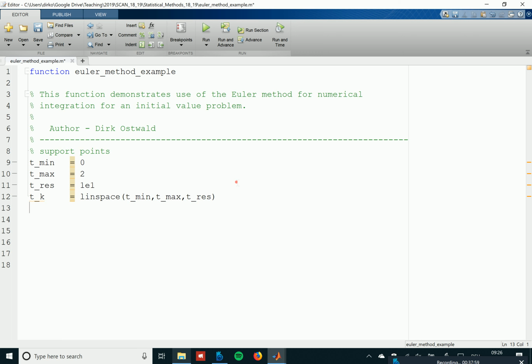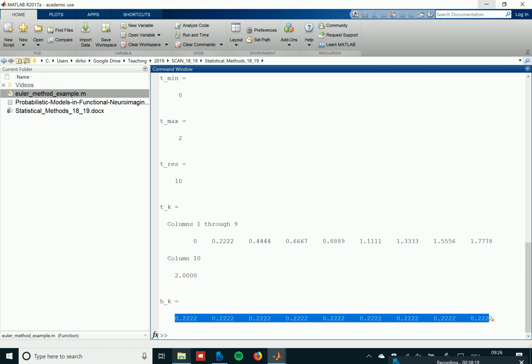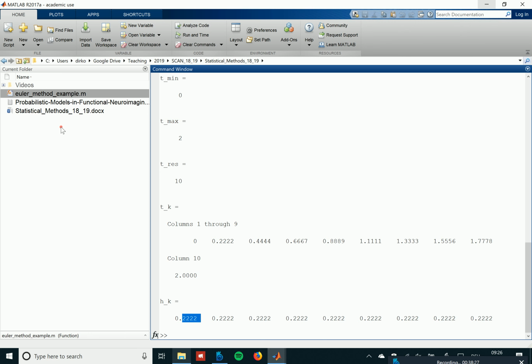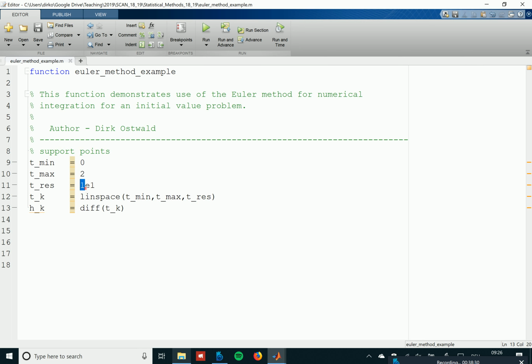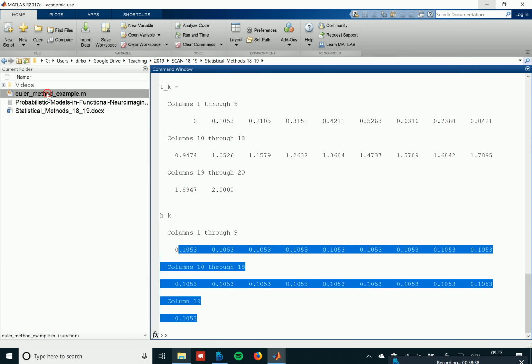Before we look at the initial values, let's just define our HK as the differences between the TK. So you see that linspace uses equally spaced time points TK, so the difference is always in this case 0.2222. Of course, that depends on what we use here. If we use 20, then we have a different value, but the distance is always the same.